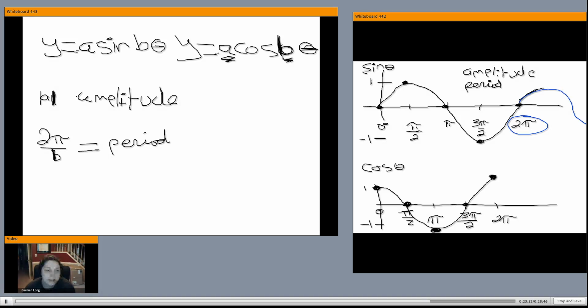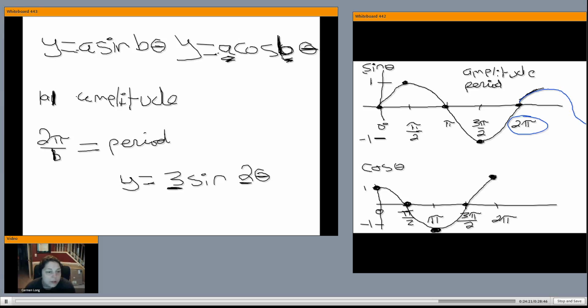So let me give you an example. So if we have y equals 3 sine 2 theta, what does that tell me? It tells me that my amplitude is 3 and that my period is 2 pi over 2.